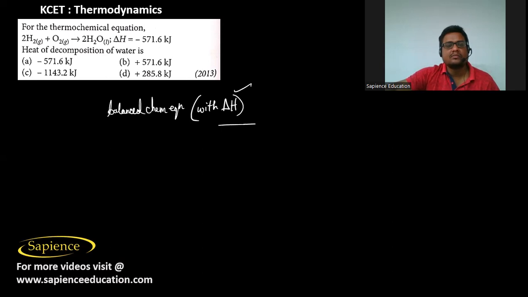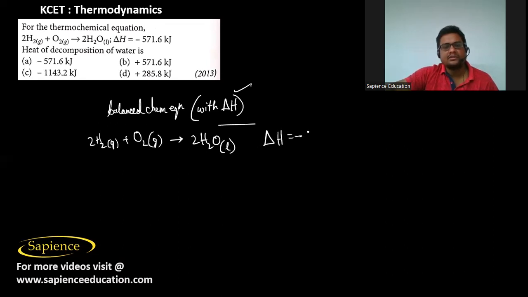That is called a thermochemical equation. Here the change in enthalpy when 2H2 gas reacts with 1 mole of oxygen gas to give 2 moles of H2O liquid is equal to minus 571.6 kilojoule.